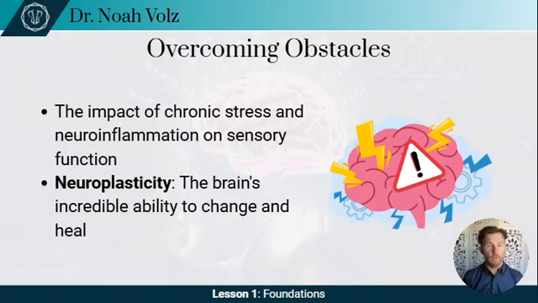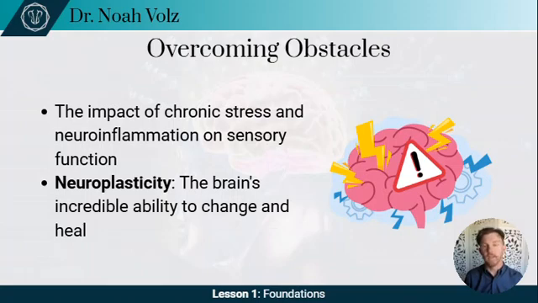So as you know from the previous courses, the brain has an amazing capacity to heal itself and to adapt, and this is called neuroplasticity. And so enhancing neuroplasticity is basically the name of the game. That's what we're trying to achieve here.